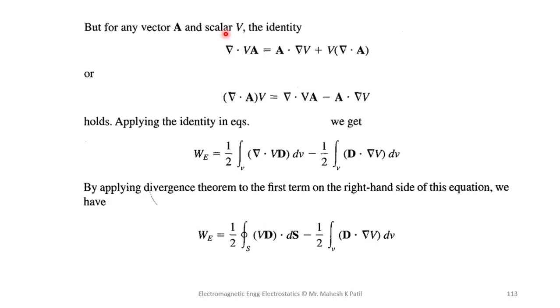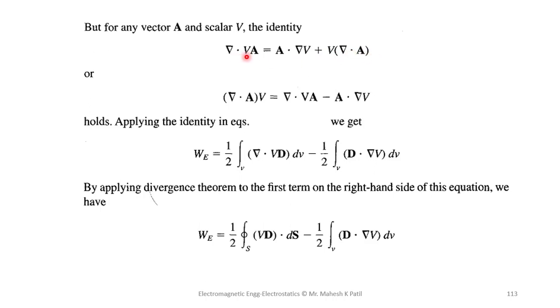Then there is one identity which says that if I take the divergence of scalar into vector, that is del dot VA, then this reduces to A dot gradient of V plus V into divergence of A.